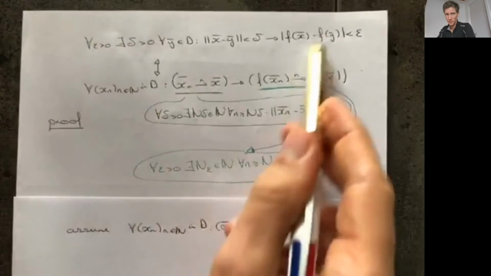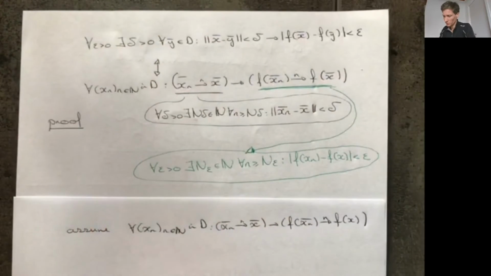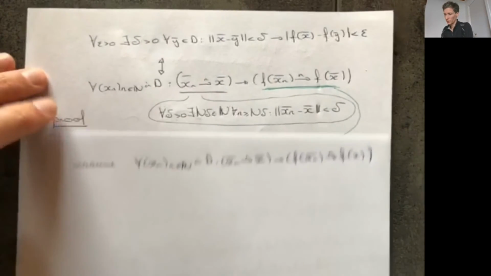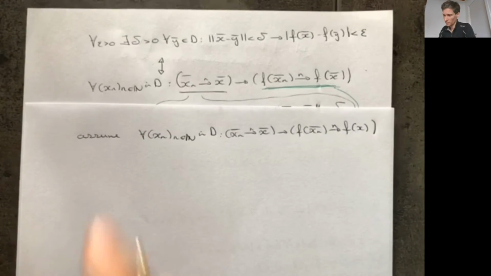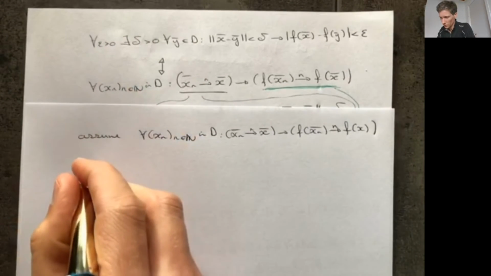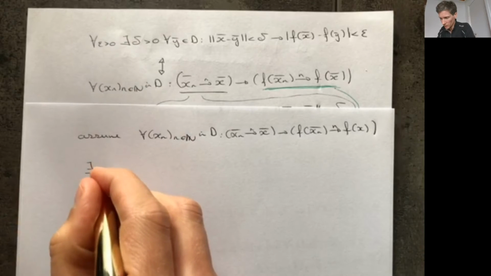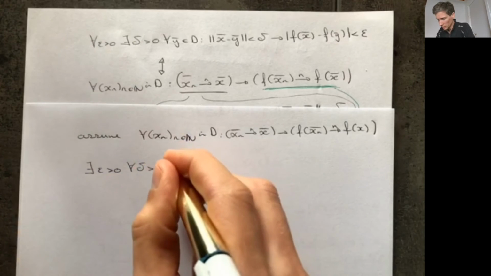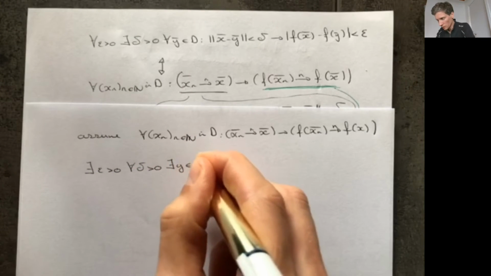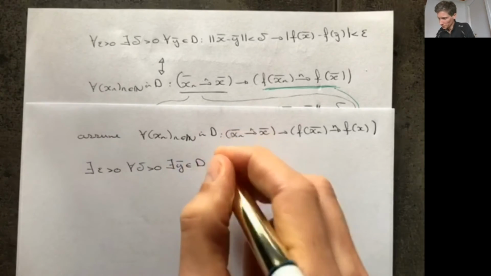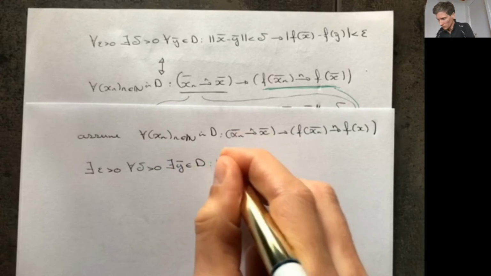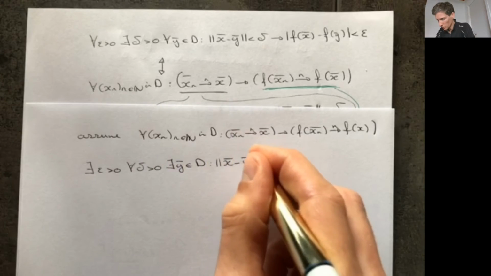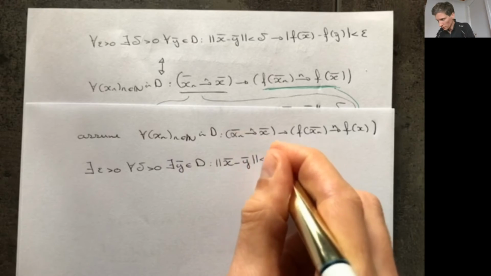Here we have to assume that this is false. So we're going to negate this here. So we're going to assume that there exists an epsilon bigger than 0, such that for all delta bigger than 0, there exists a y in the domain, such that x minus y is smaller than delta.